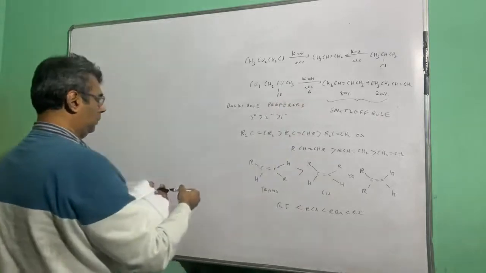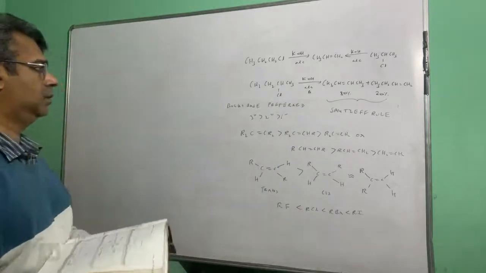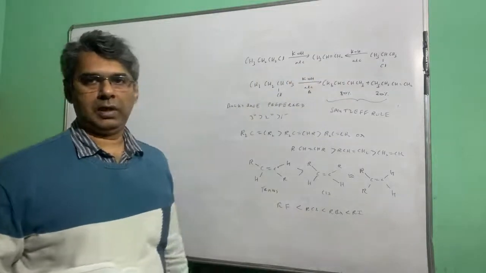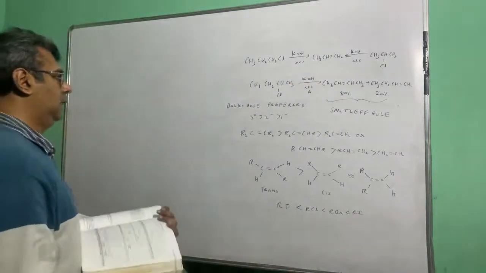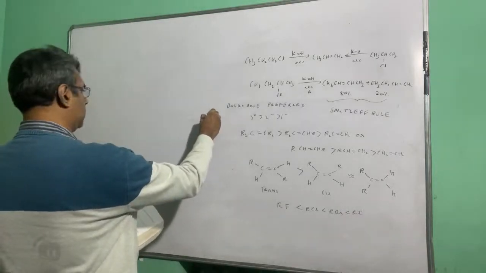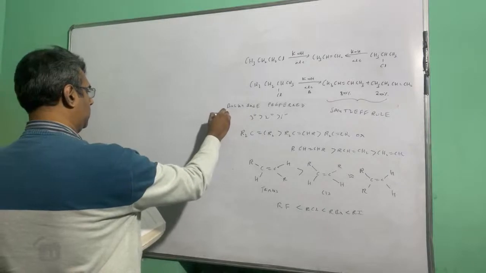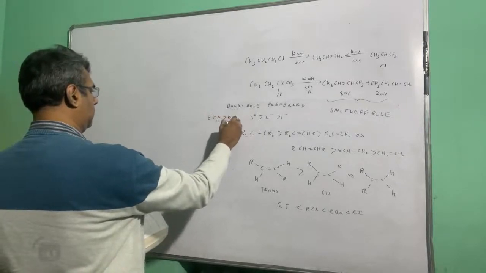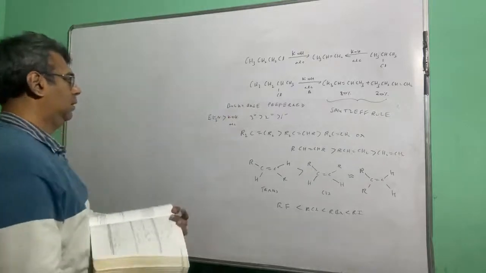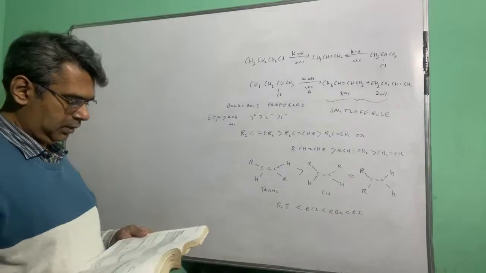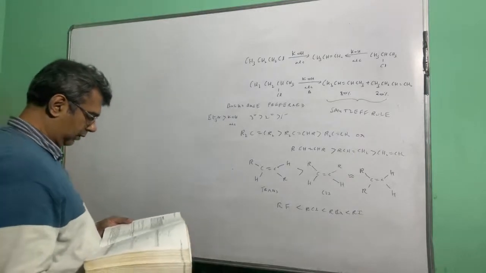When you are doing this reaction, it's written alcoholic KOH, so alcoholic KOH is a base. Bulky base is preferred means, for example, Et3N will be better than alcoholic KOH. So triethylamine will be better than alcoholic KOH. So a bulky base is actually preferred.